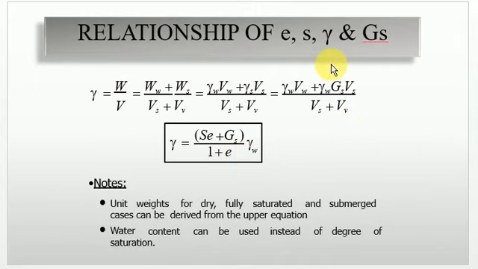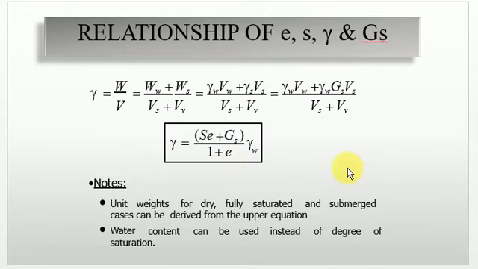From the upper side, volume of water upon volume of solid will become degree of saturation, and the Vv over Vs will become void ratio. So the equation for the bulk density will be denoted by G plus e into Sr into gamma W over 1 plus e.